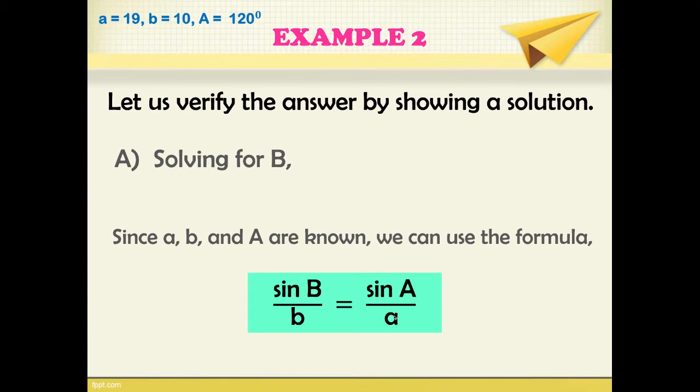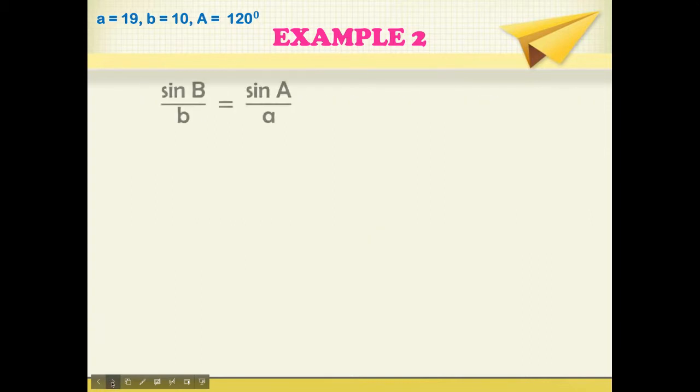We have the values for side A, side B, as well as angle A. So by substitution, we will have sine B over 10 is equal to sine of 120 degrees over 19.